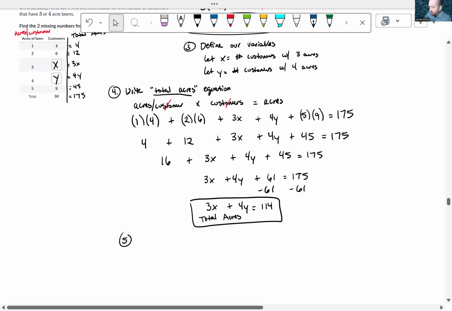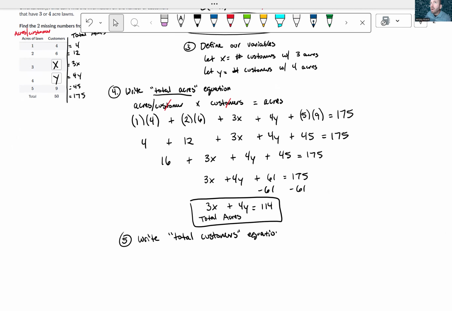So our second equation is for total customers. That's a lot easier to write. We're just looking at this column in the middle now. So that's 4 plus 6 plus x plus y plus 9, and that equals 50, just adding together the customers.